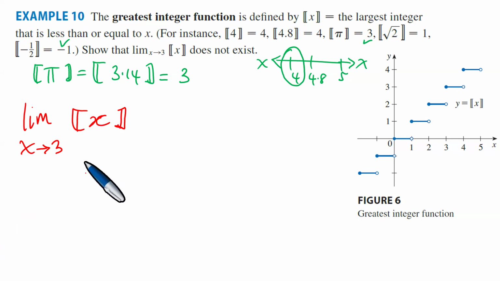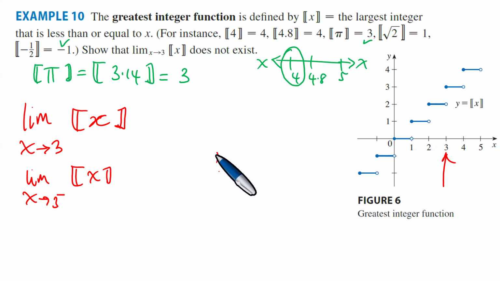Okay, that's fine. So first and foremost, we need to identify x equals 3 here. And x equals 3 is this one, correct? If x equals 3 is this one, we need to look at what happens when x approaches 3 from the left of 3.